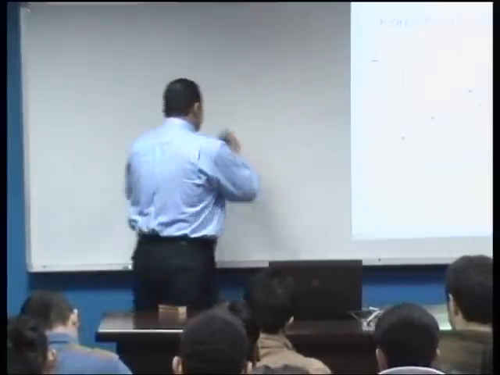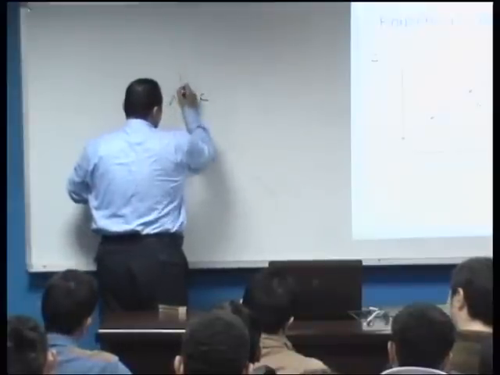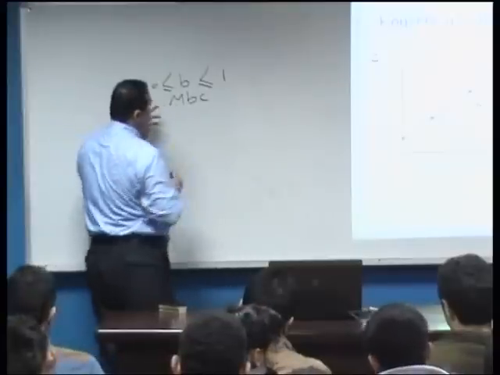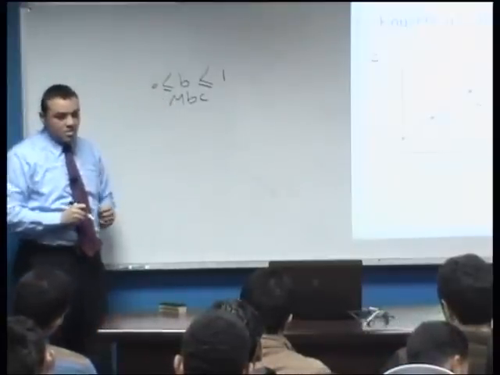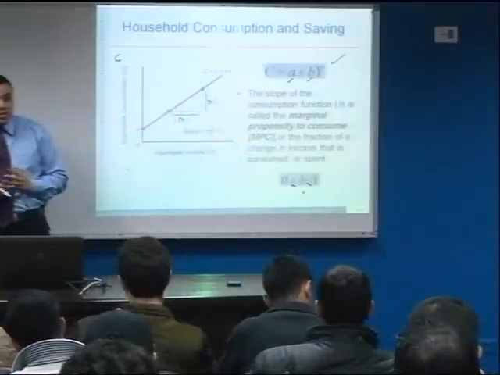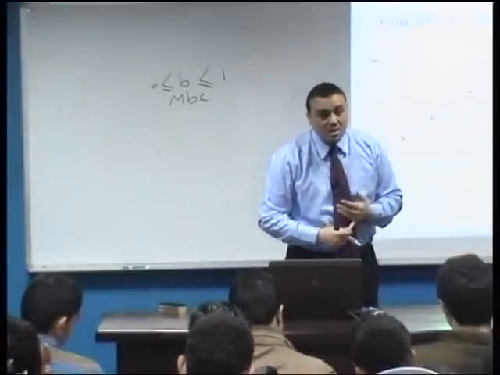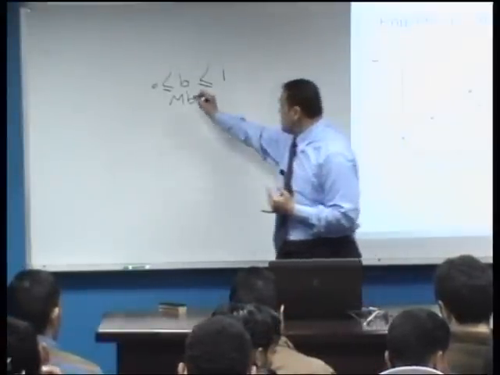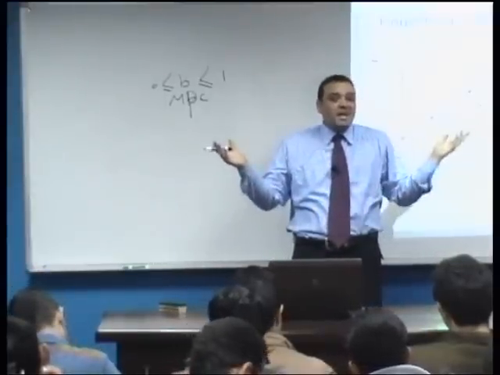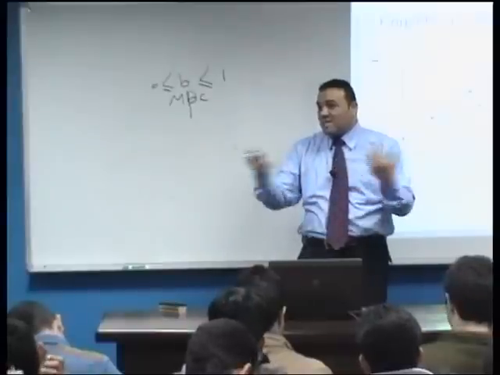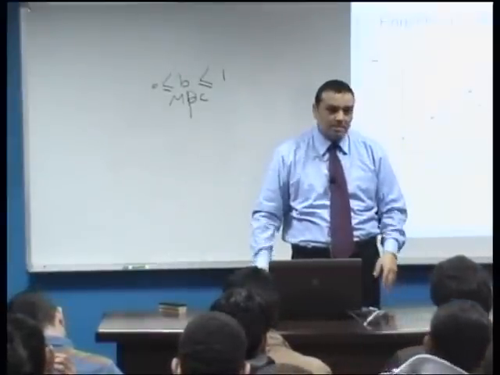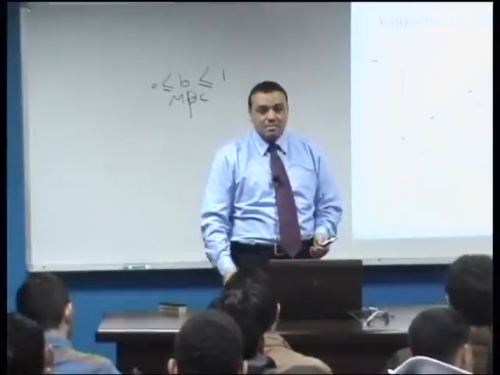So, in general, MPC or B is smaller than or equal to 1, and larger than or equal to 0. Sometimes the marginal propensity to consume would be 0, sometimes equal to 1, sometimes between 0 and 1, or between 0 and 100%.